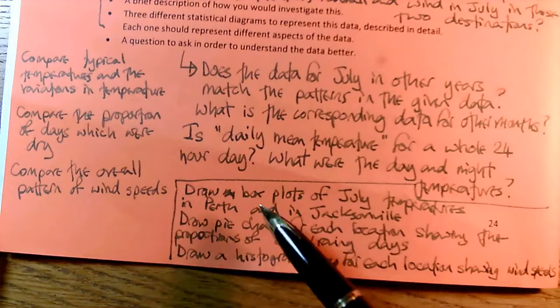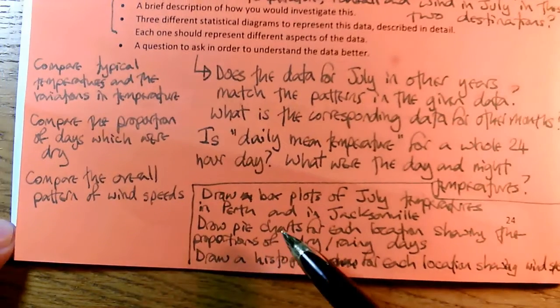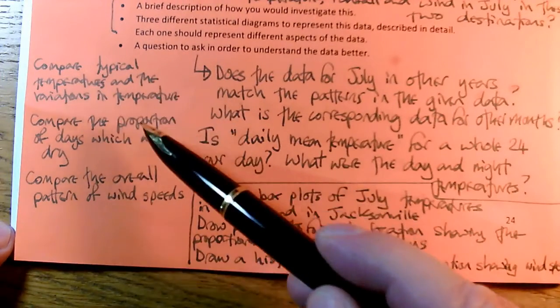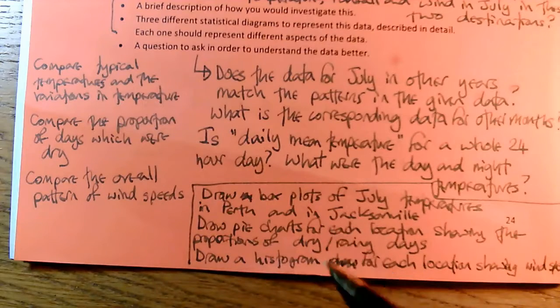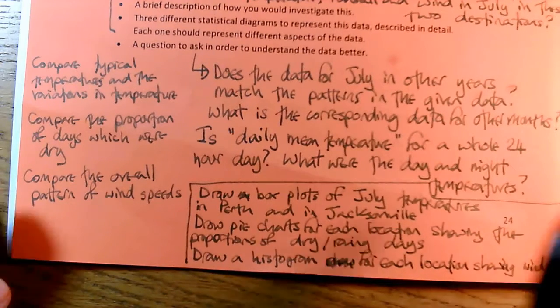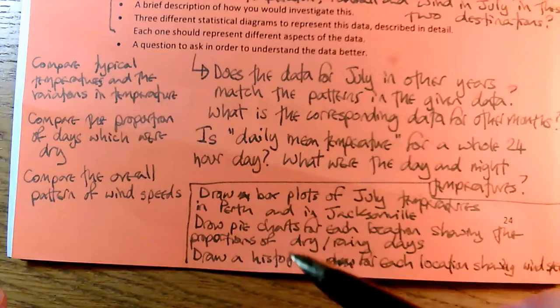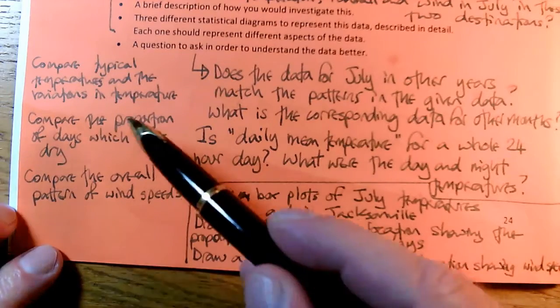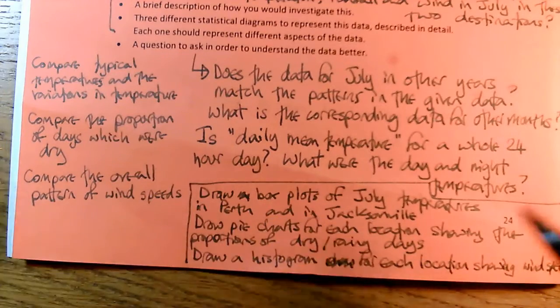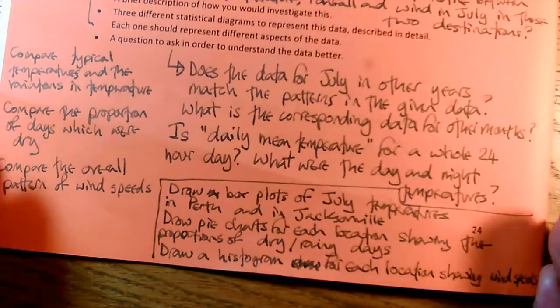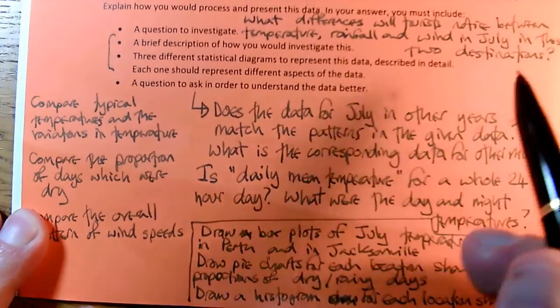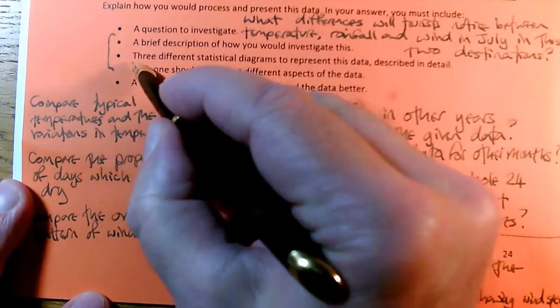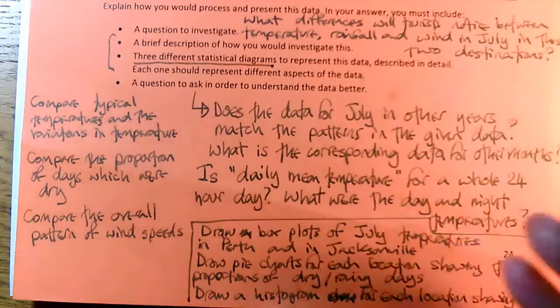Now, did I have these kinds of diagrams in mind when I thought of the comparisons I was going to do? Well, of course I did. So you need to think forwards and backwards in these. While I was thinking what I might want to compare, I was thinking about what diagrams I could use to do that comparison, bearing in mind that for some reason they say I need to do 3 different types of statistical diagrams.